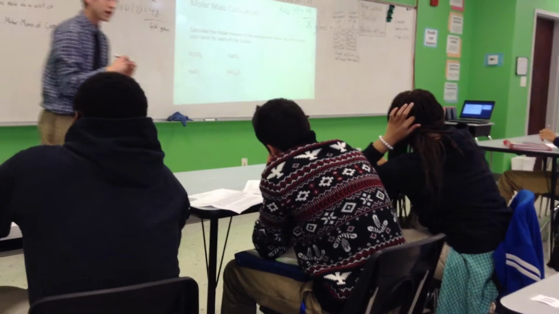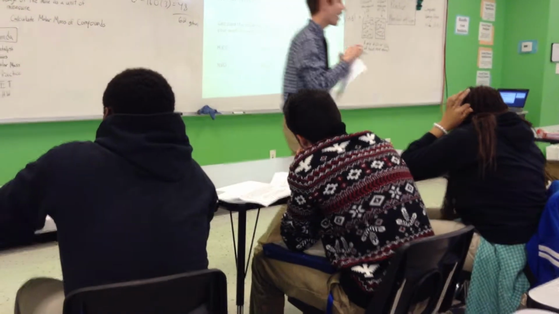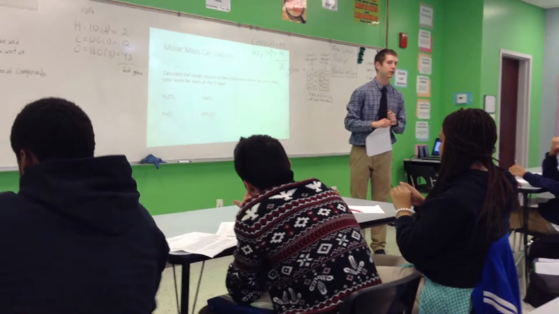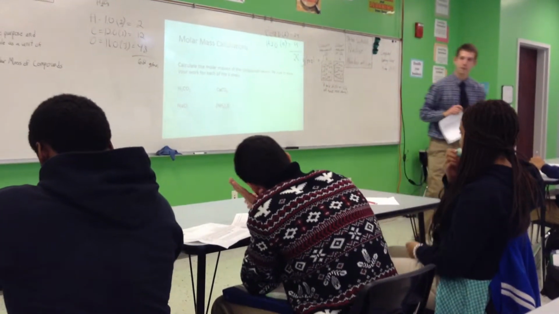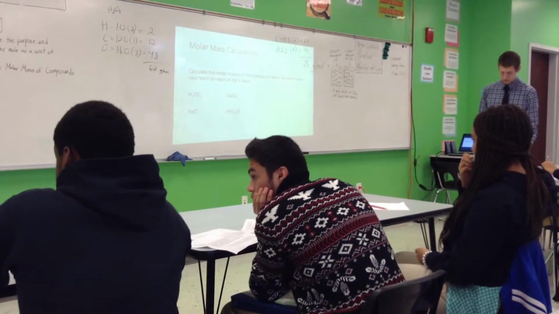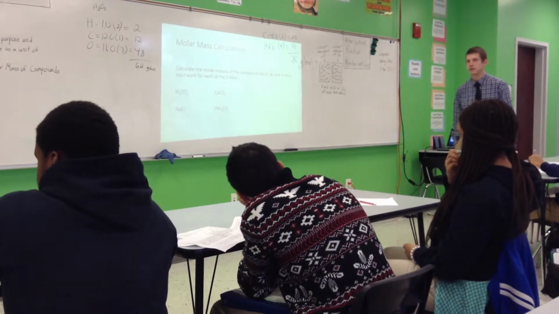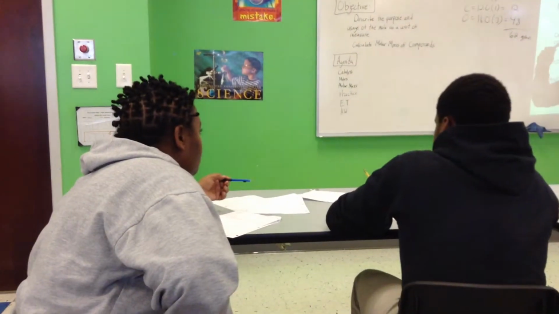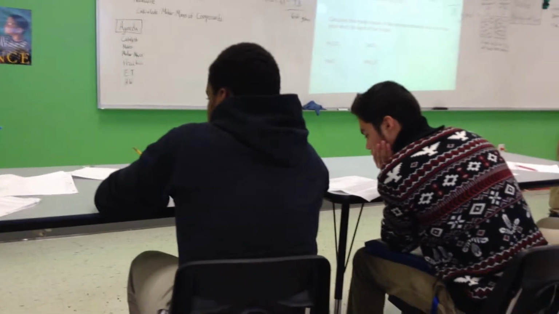That is the process. Are there any questions about how we go about solving for molar mass of compounds? I have a question. Yes, Carissa. What does the answer stand for? There's 62 grams per mole in H2CO3. Is that what it means? Great question, and this goes back to what Mr. Starr was talking about.